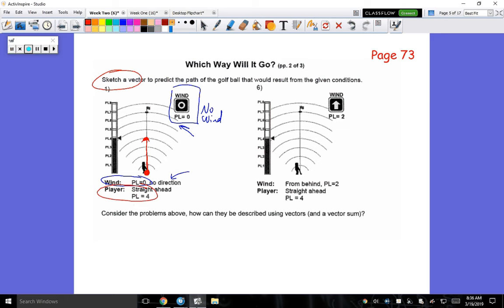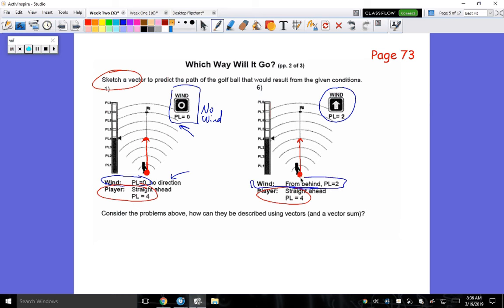Okay, the same over here. We have a power level of 4, so let's create that first. Here's the power level of 1, 2, 3, 4, and then there's a wind coming, in blue. There's a wind coming from behind the player.